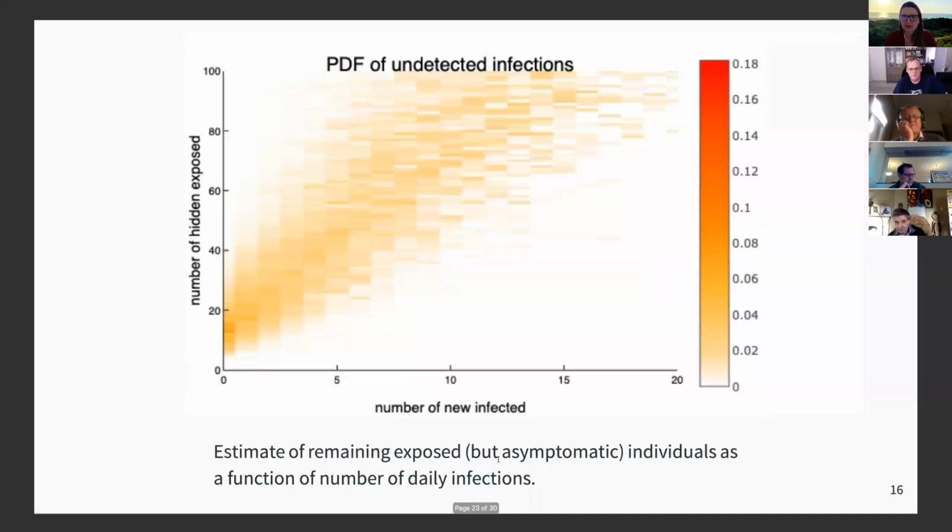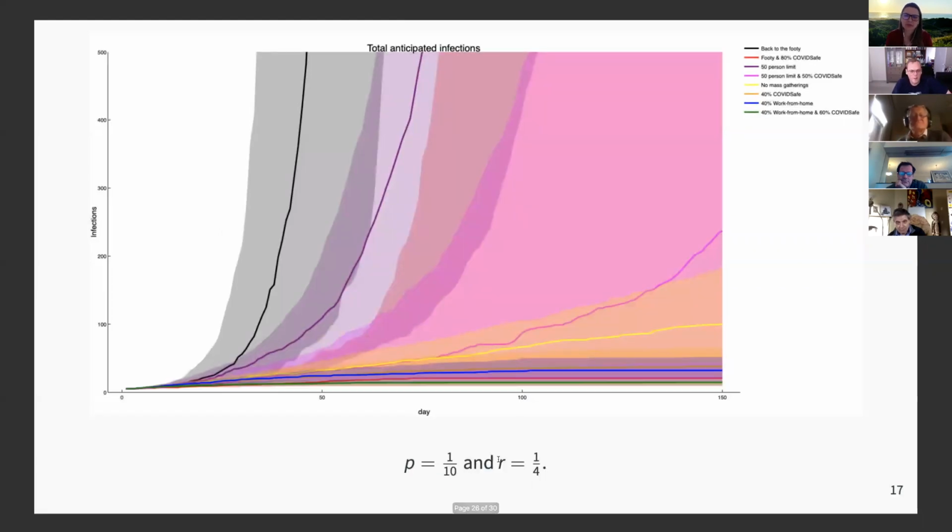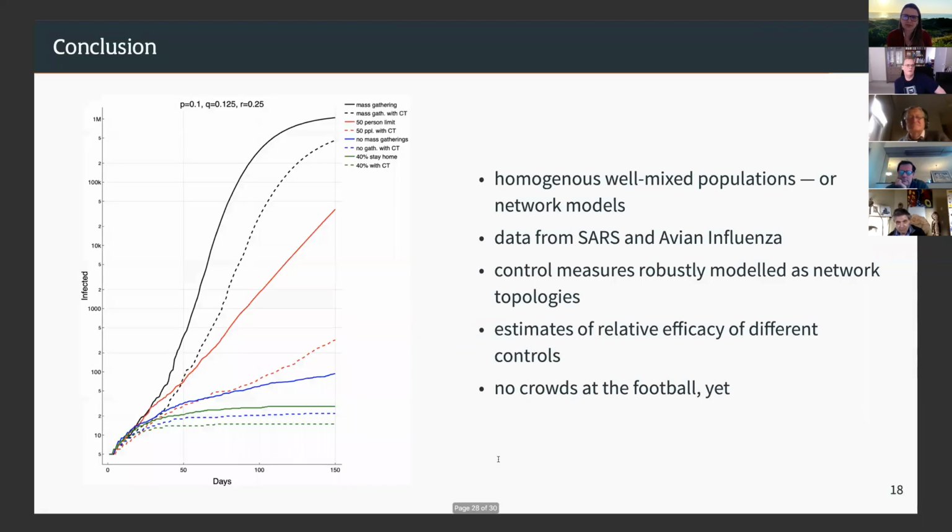These are very pessimistic parameter values. These are the parameter values we use to fit the initial explosive growth on day 1 when everyone did nothing. So what am I going to interpret from this? Well, first of all, I'm going to throw away all of my confidence intervals entirely and just show you the medians.